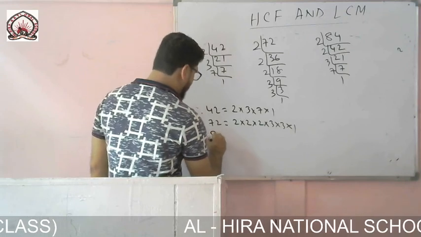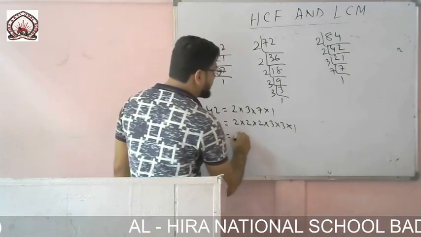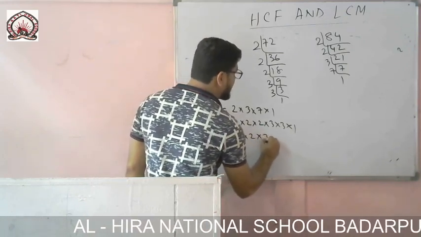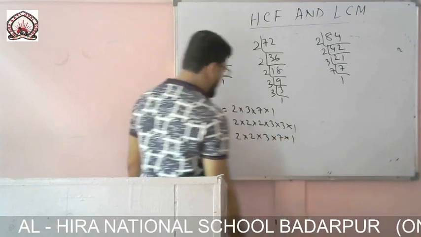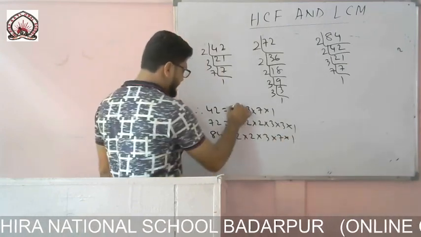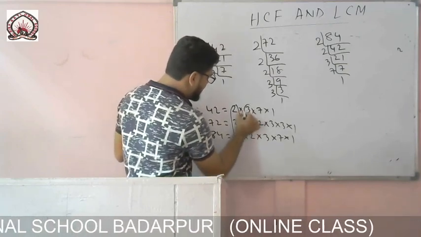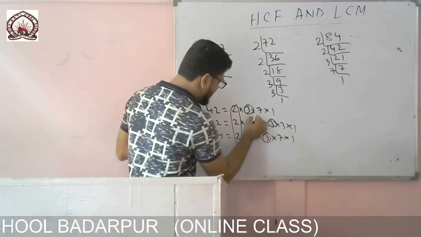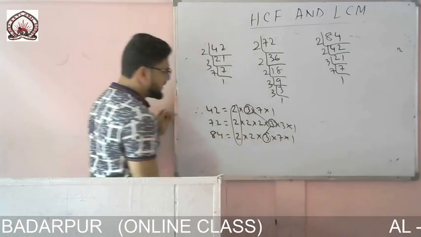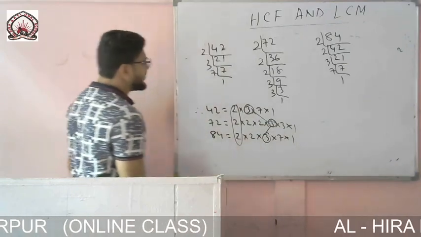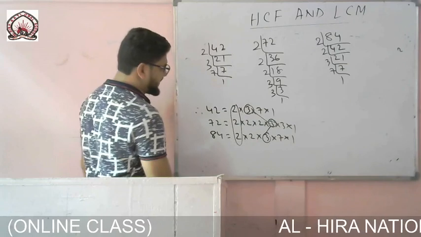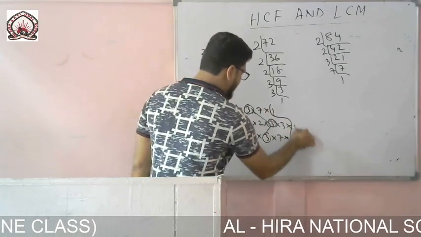And 84 equals 2 into 2 into 3 into 7 into 1. Now group these two, and these three and these three. Then 7, only 2 7s are there, and this one.